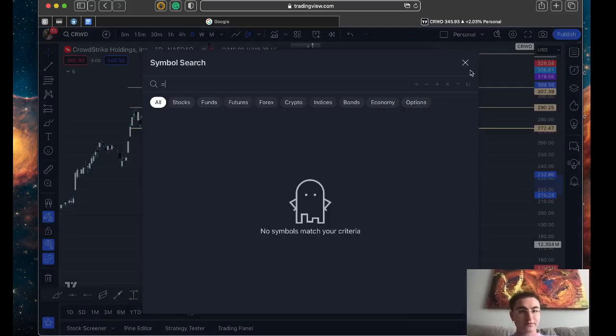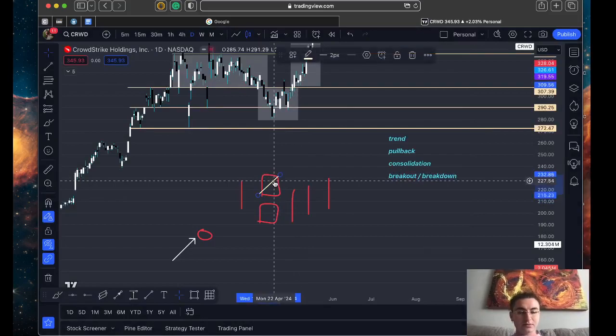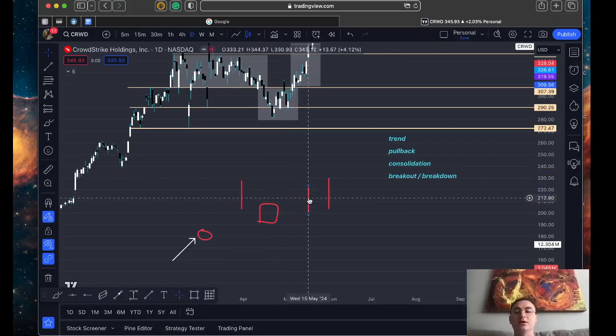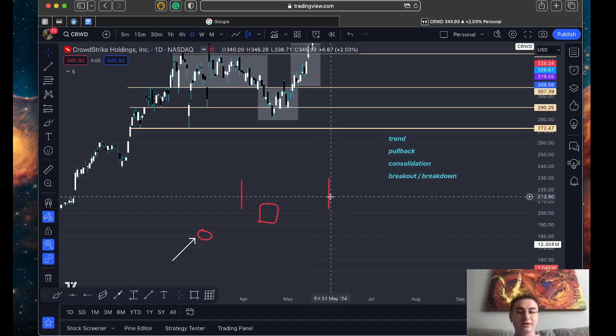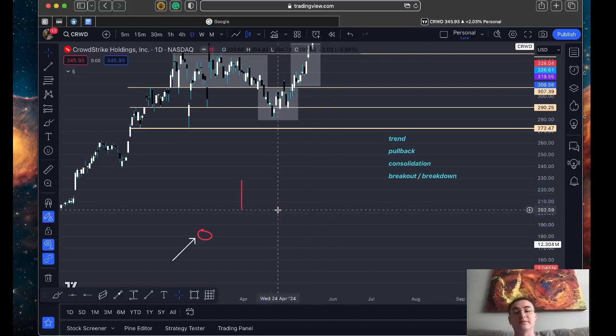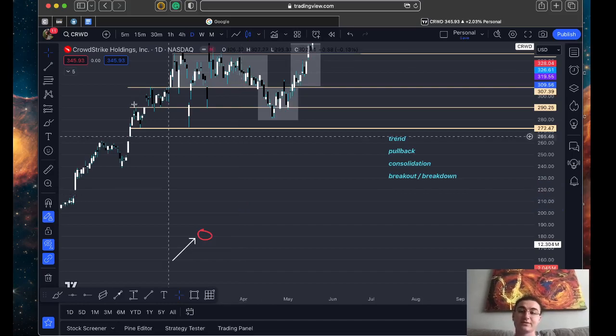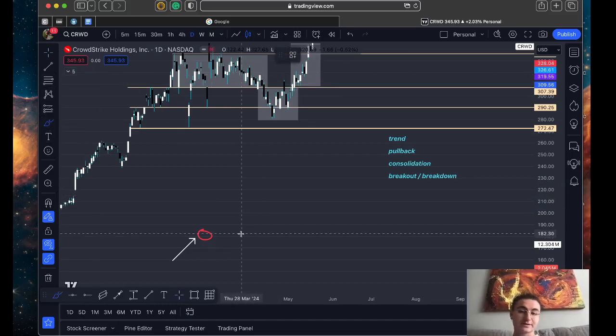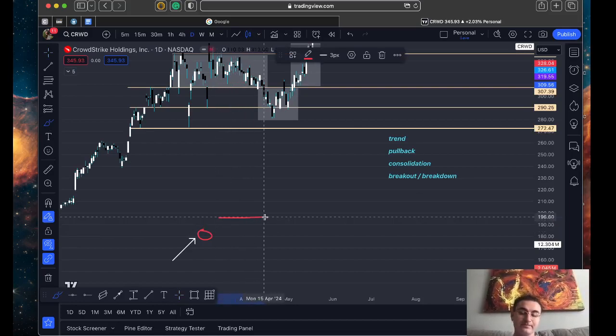This one should hopefully make a little bit more sense. So we got the idea that there is a possible pullback. Now what if we're driving, and if you passed your driver's test and you can drive a car, you had to do a 3-point turn, so hopefully you all know what that is. So you're driving, and you're like, oh crud, I need to go back where I just came from.